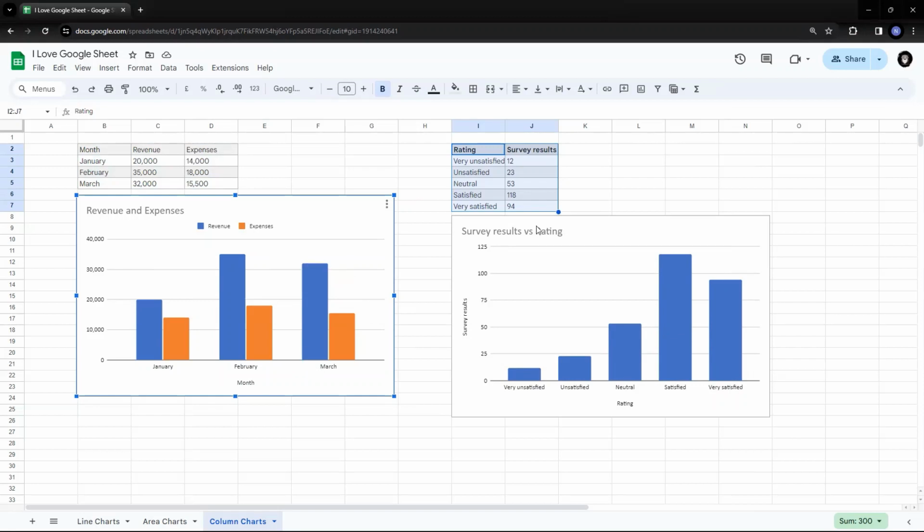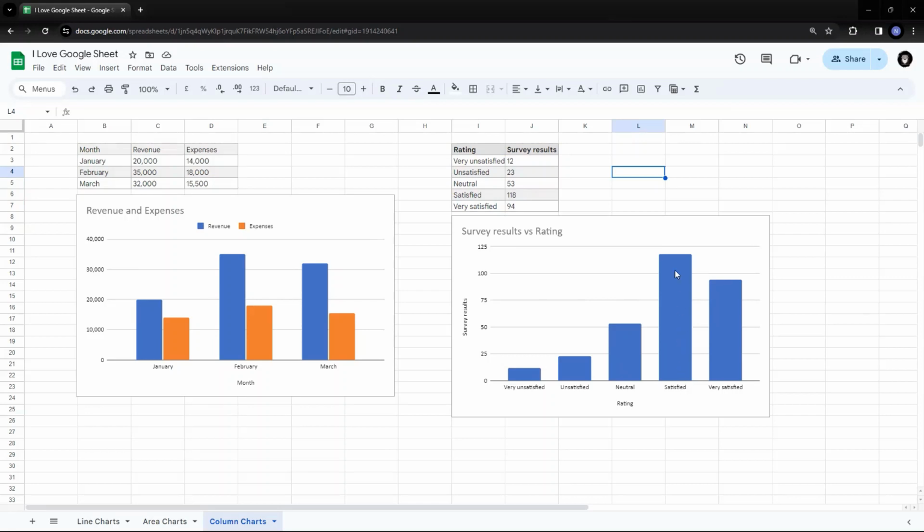And the second chart that we created was to compare various categories of ratings given by customers so that I can analyze how many were very satisfied, how many were not satisfied at all, unsatisfied, or how many were neutral. So this gives me an understanding of where my sentiments are going.